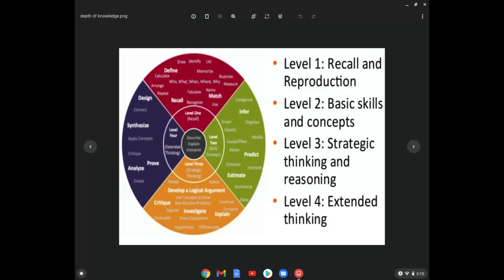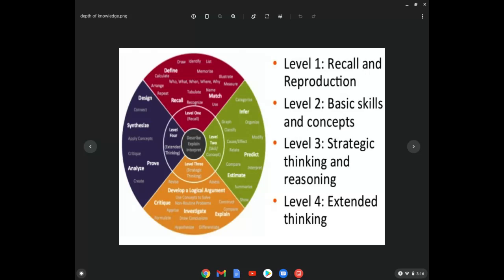He loves rigor. And then level 4 is even bigger. Now, this is more of your project areas, like design something. Analyze something. Prove a situation. Create a project, right? So again, number 4 is going beyond. And if you look at the side, recall and reproduction is 1, basic skills and concepts is 2, strategic thinking and reasoning, and then extended thinking.